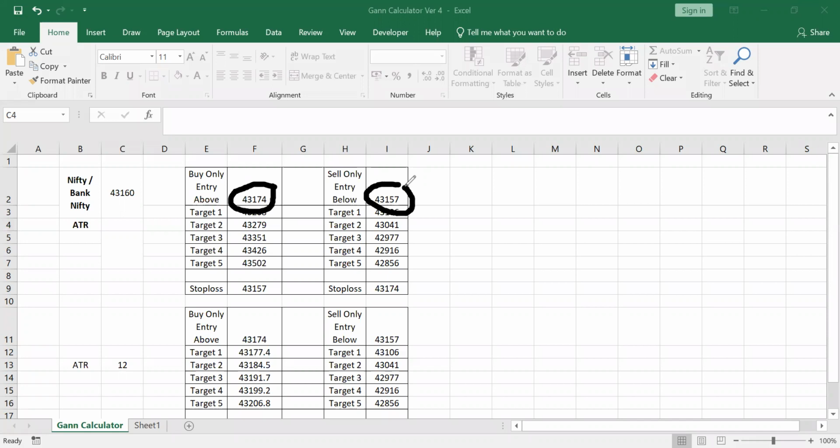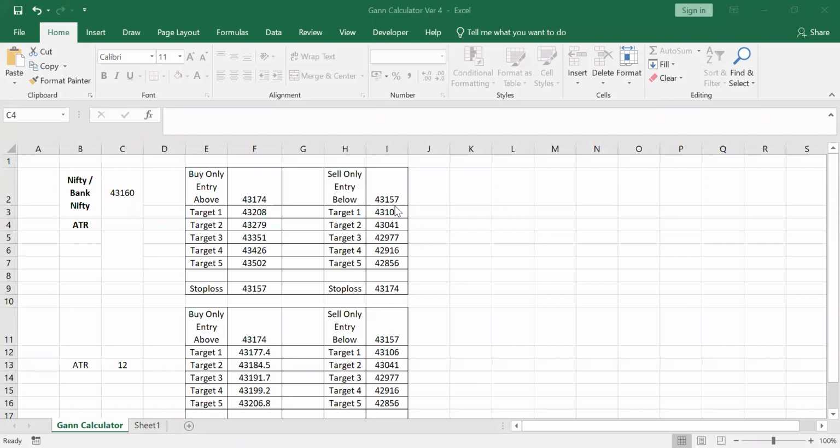If it starts coming below this, then it has all the potential to come towards 43,106, 43,041, and 42,977. The stop loss is going to be 43,174. So you need to understand that, and as long as it is going, you can use these for trailing stop losses.